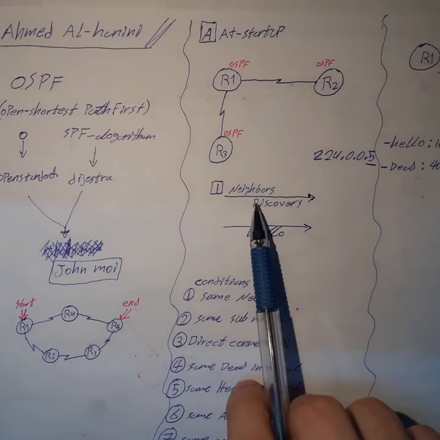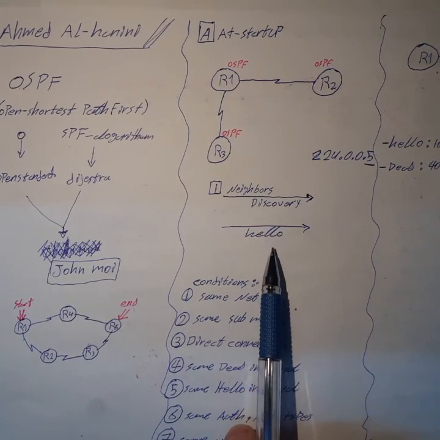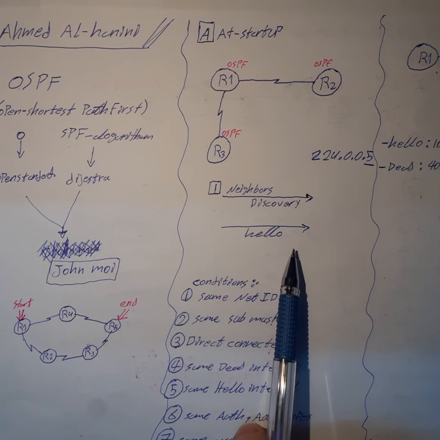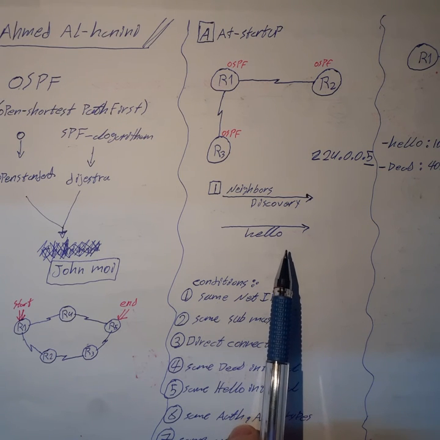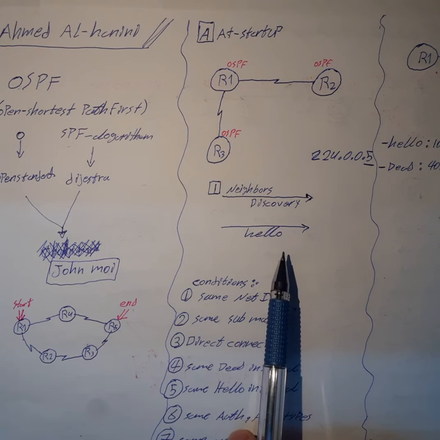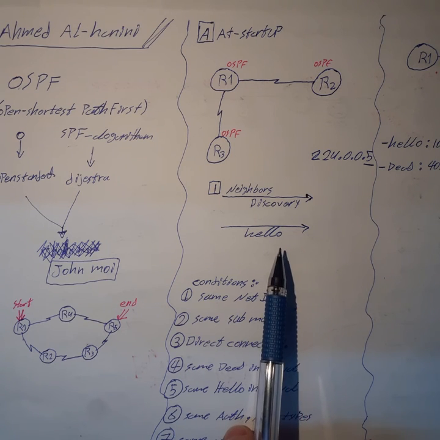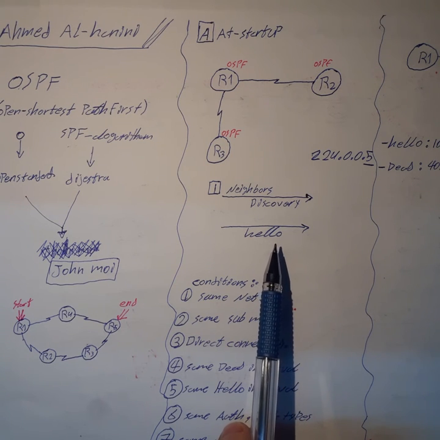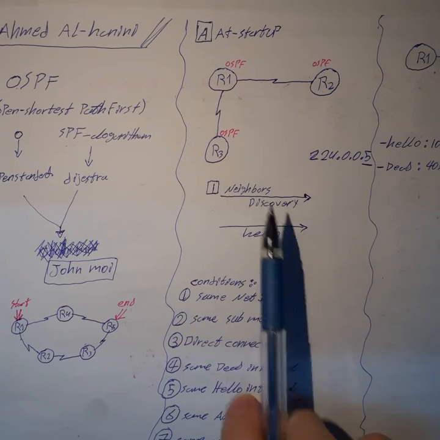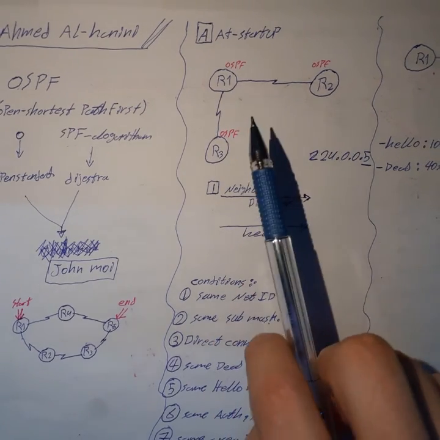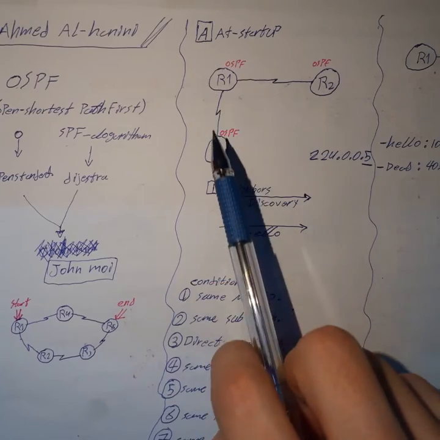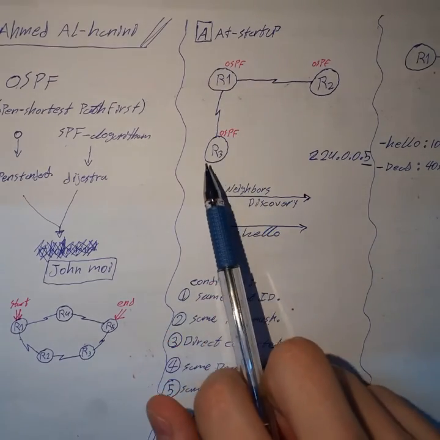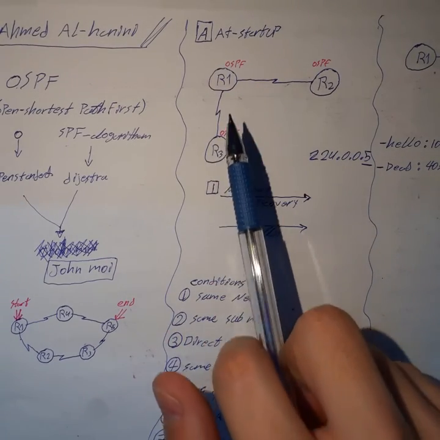What we have in this neighbor discovery is a hello packet. It's a hello message and will be sent to the routers: from router 1 to router 2, from router 2 to router 1, from router 1 to router 3, from router 3 to router 1.